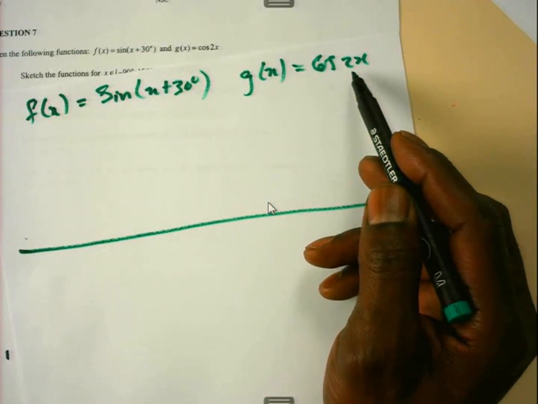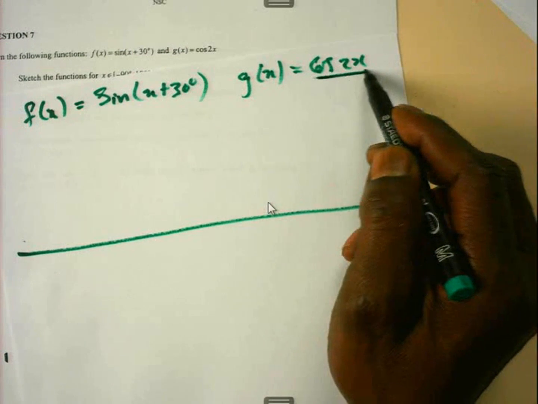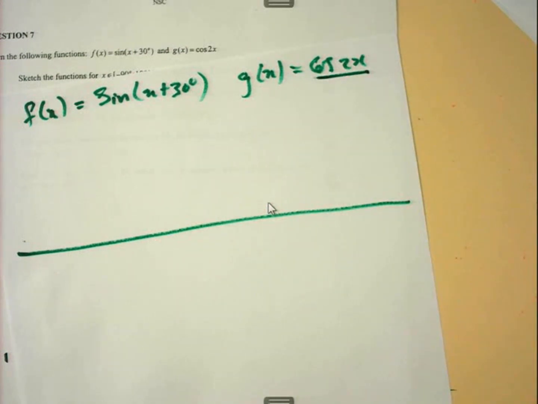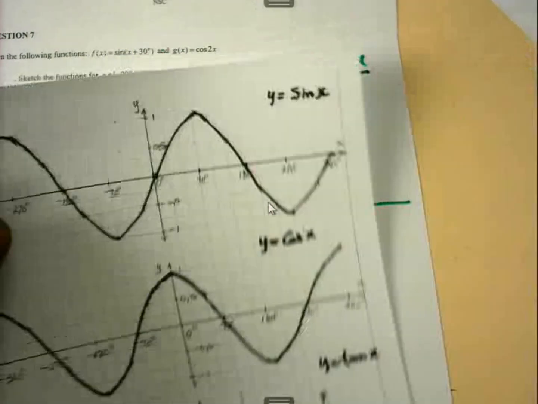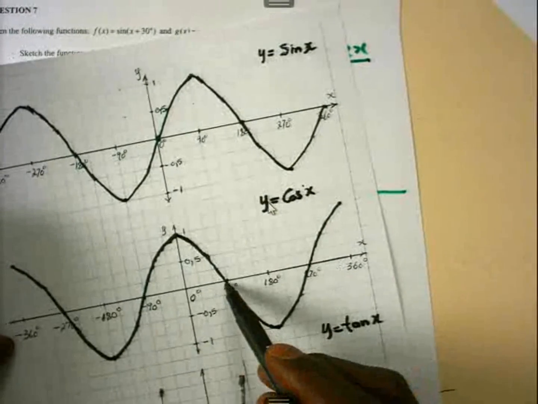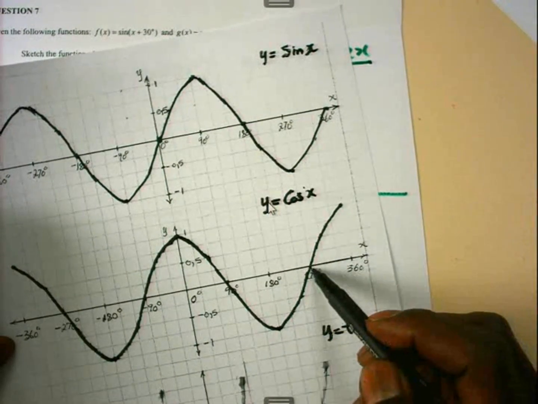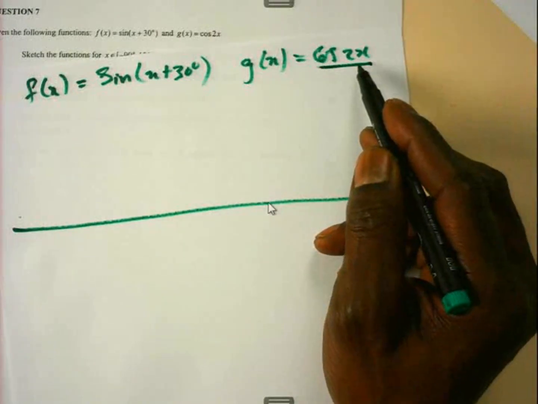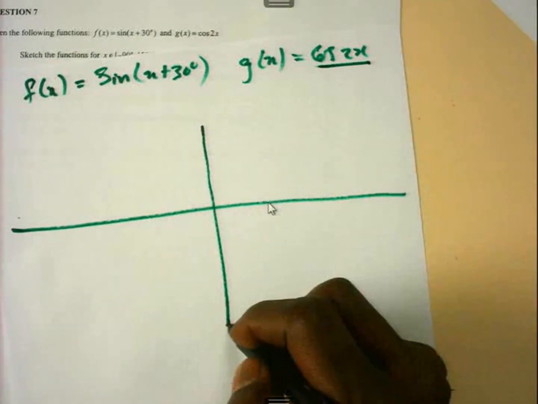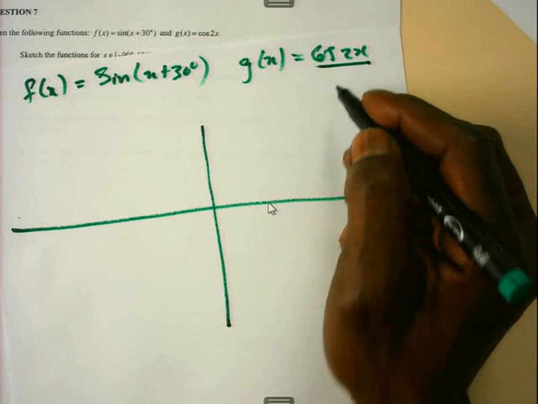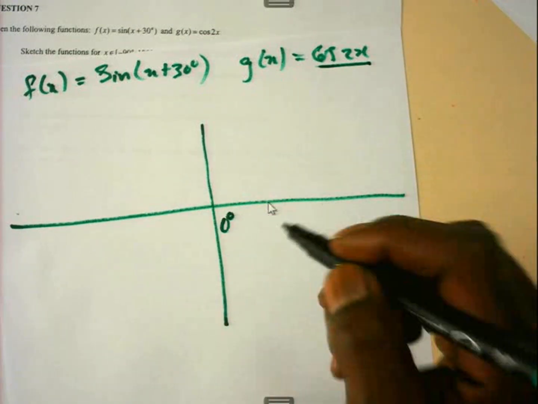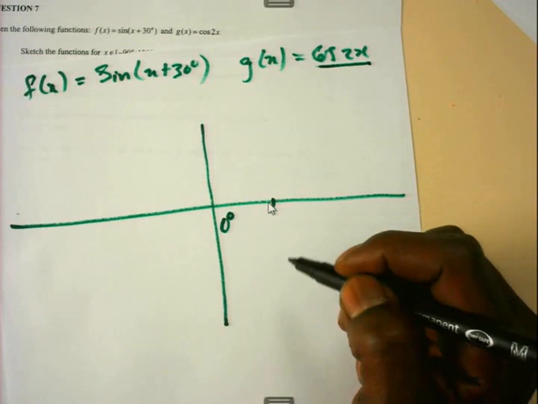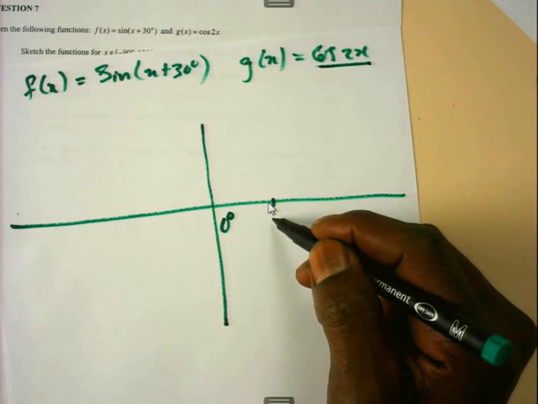Now, in order for us to sing that beautiful song of ours of saying 1, 0, -1, 0, 1, we must adjust our scale. In order for us to sing that song, we must have 0 there. Now, if we've got to sing the song, we must have 90.